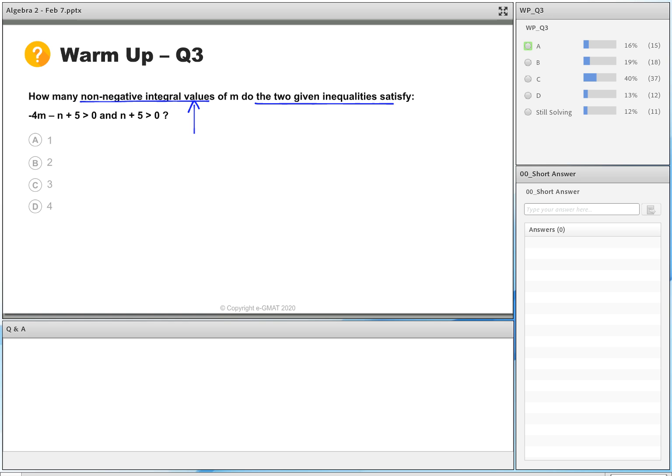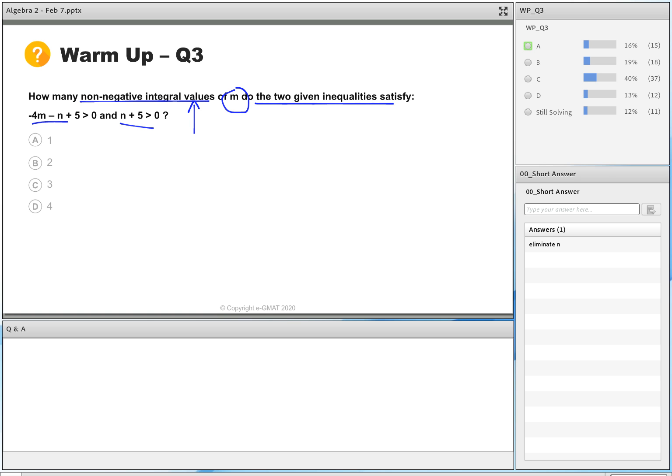Now, I have two inequalities: minus 4m minus n plus 5 is greater than 0, and the second inequality is n plus 5 is greater than 0. I need to find out the range of m. I'm opening the short answer poll. Tell me, what should be the thought process that's going in my head? What do I need to eliminate to reach the value of m?